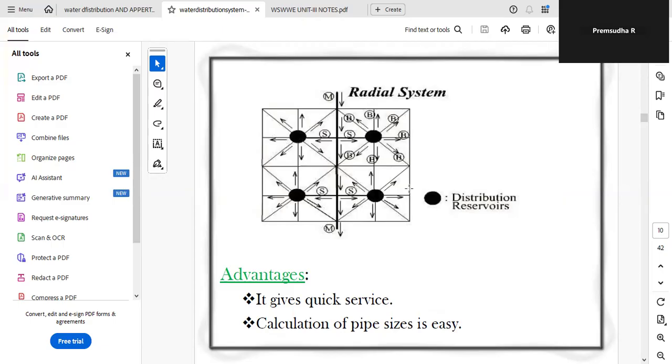This dot is the distribution reservoir. Through the reservoir the water is supplied, with only one main, a submain, and many branches. So it gives quick service. Calculation of pipe size is easy.